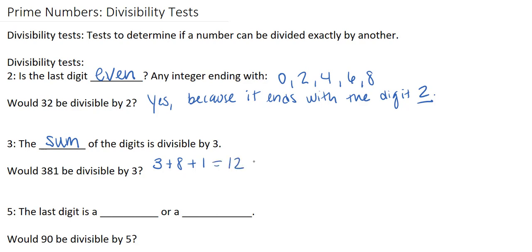And then we look to see if it's divisible by 3, and it comes out to be a whole number, which it does, which is 4, because 12 divided by 3 is 4. So the answer is yes. It is divisible by 3.